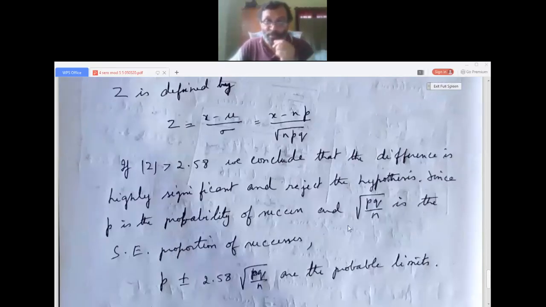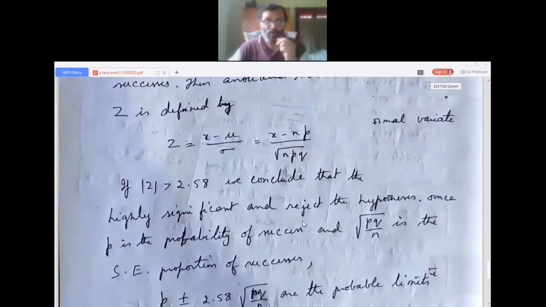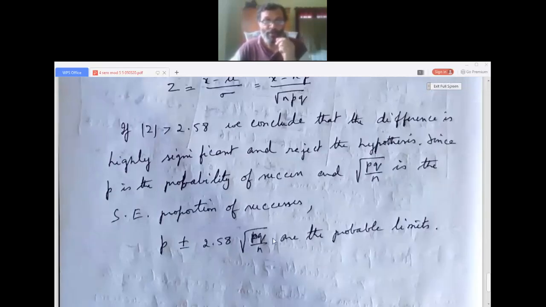P plus or minus 2.58 root PQ by N are the probable limits; derivation is not needed.